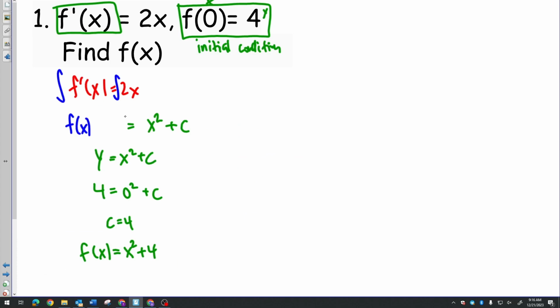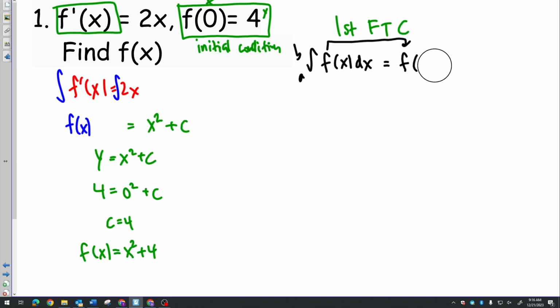There's another way to do this. If for some reason this integral of 2x could not be done by hand, we can use an alternative method, which is using the first fundamental theorem of calculus. Remember, the first fundamental theorem of calculus is the integral of f of x dx from a to b is equal to F of something minus F of something else, where F is the antiderivative of f.